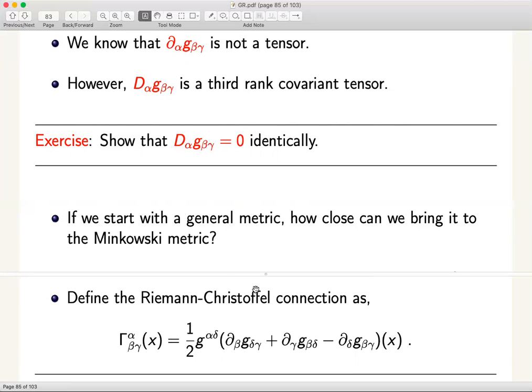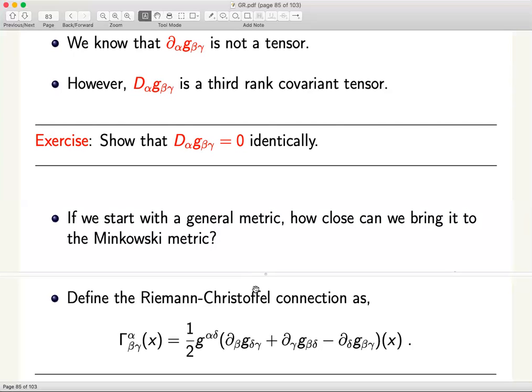One way to see this could be to go to a local inertial frame, right? Yes, that is true. Of course, you could do that. But if you go to a local inertial frame, it doesn't tell you anything about the metric. It tells you only what happens to the metric locally. But the Christoffel symbols all vanish. That's right.